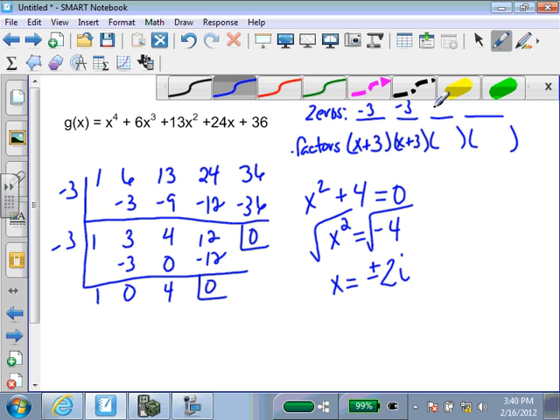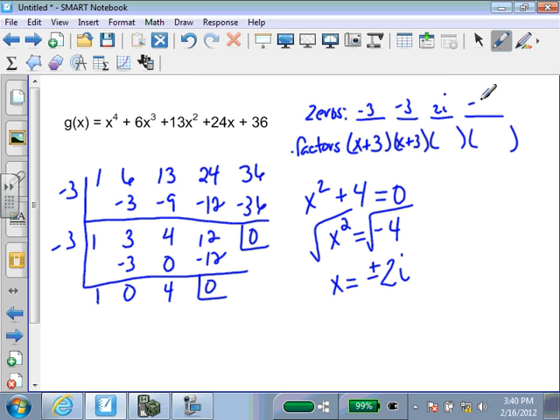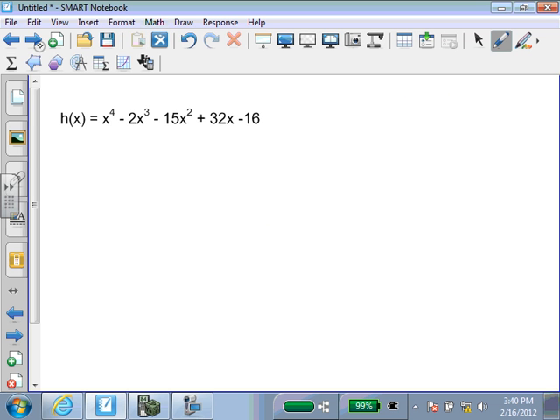So one of them is at 2i, and the other is at negative 2i. So this would be a factor of x minus 2i and x plus 2i. And if you multiplied all those factors together, you would definitely get that polynomial.